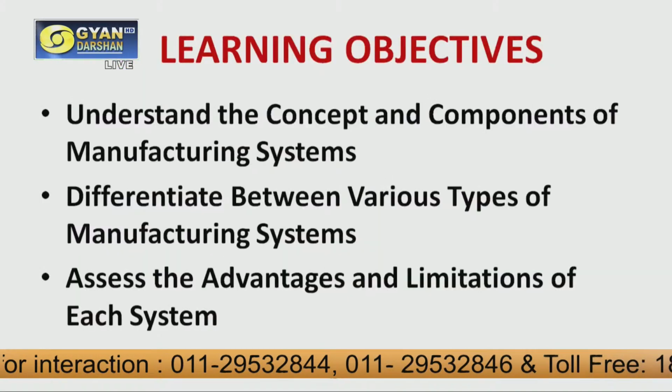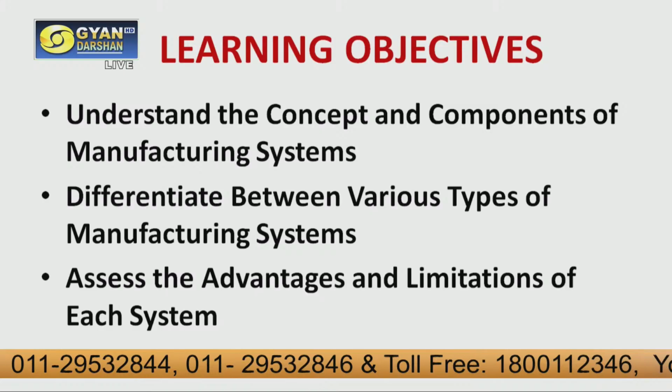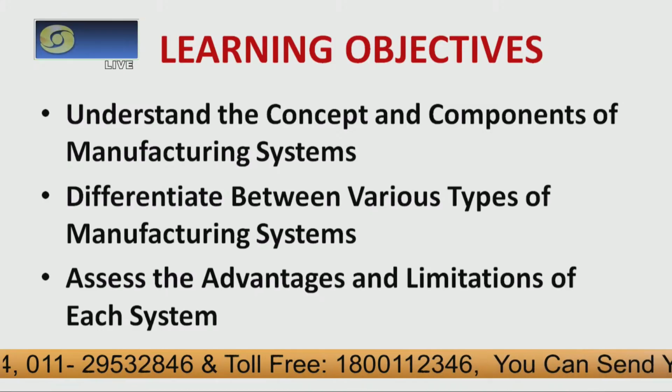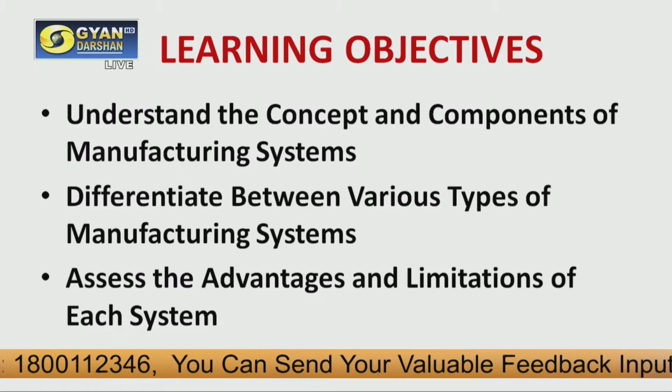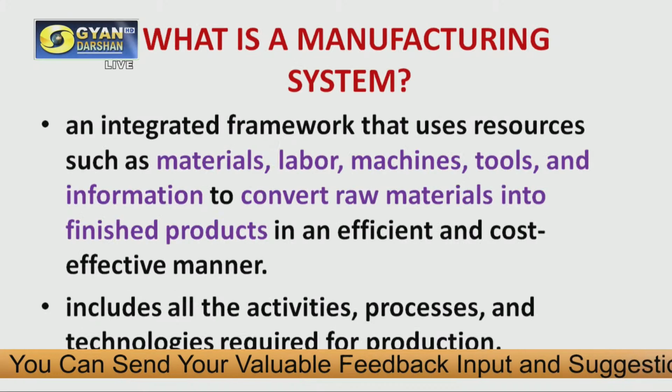So in today's session, we are going to understand what are the different types, or the components, of a manufacturing system. How will you differentiate between the different types of manufacturing system? First we will see what are the different types of manufacturing system, and in each category we will try to assess the advantages and the limitations of the manufacturing system.